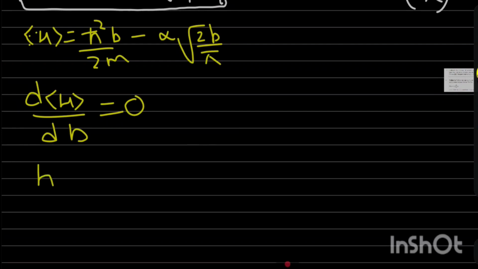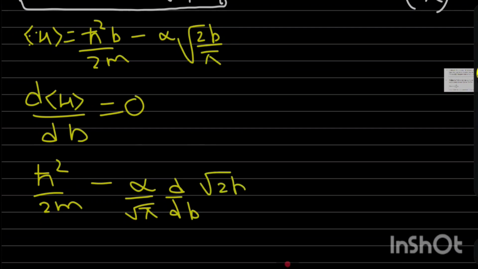Now it will be ħ²/2m, and the derivative of b becomes 1, minus α/√π times d/db of √(2b), which equals 0.